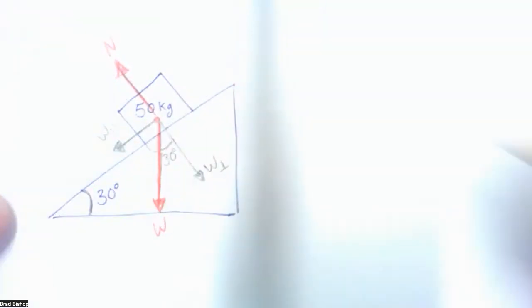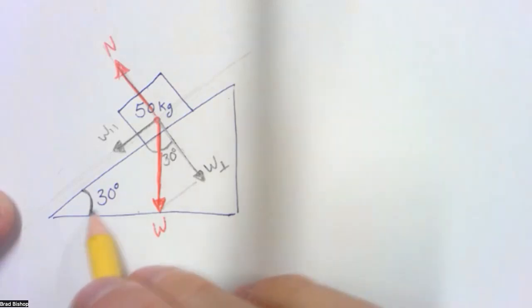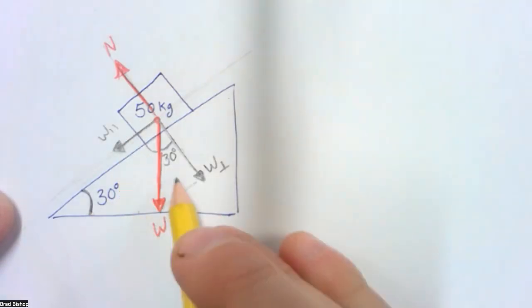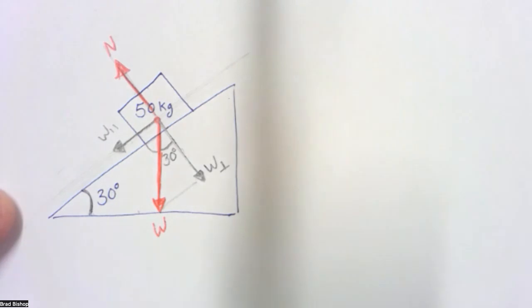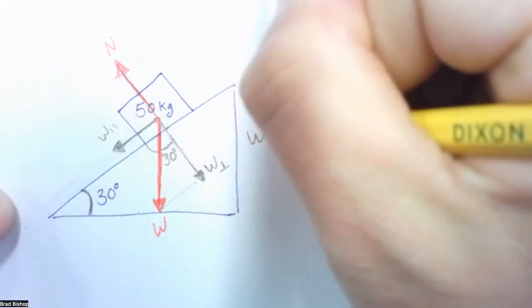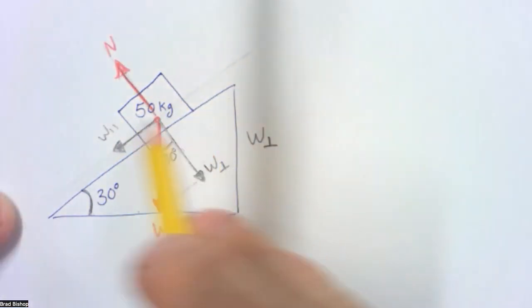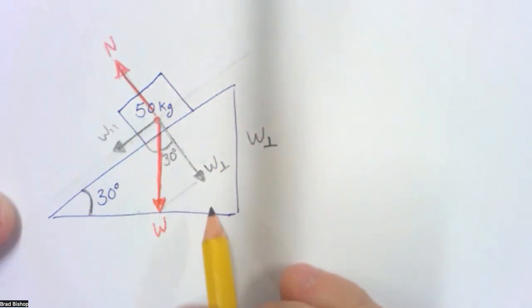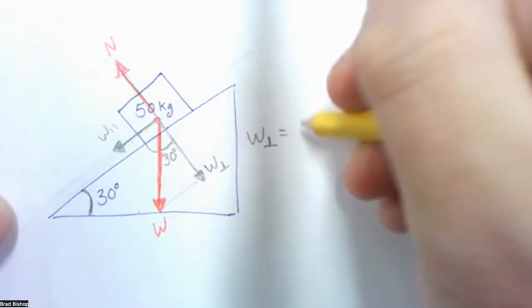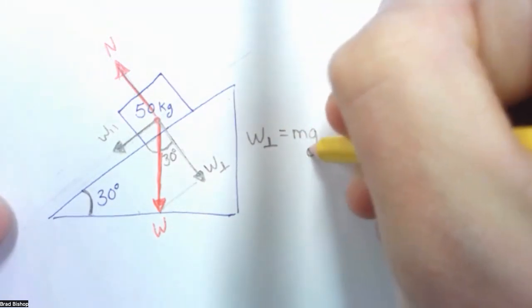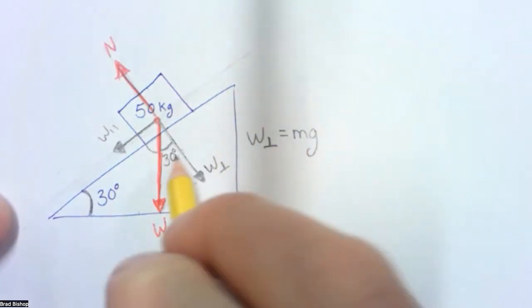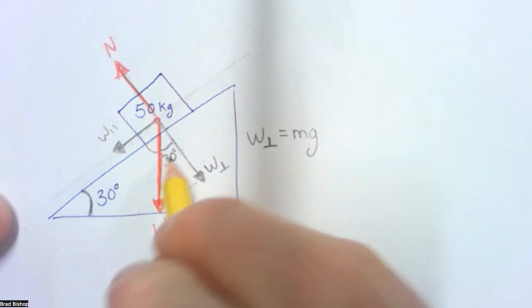So, and this might be something that's worth memorizing. If you're not sure how to break this down or the math of it, if you at least remember that weight perpendicular, so the perpendicular component of the weight, that's going to be the component of the weight that's pulling it into the inclined plane. The way you will calculate that is mg, so the weight, and this is the adjacent side to the angle.